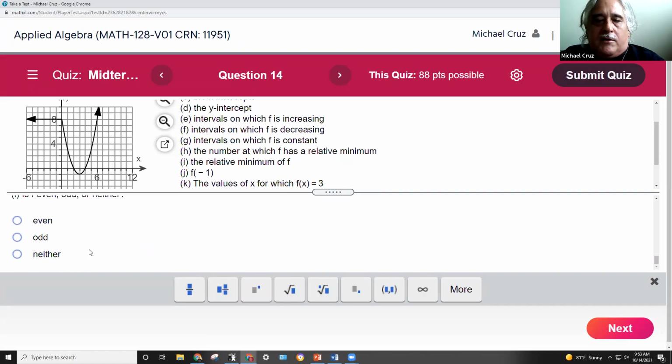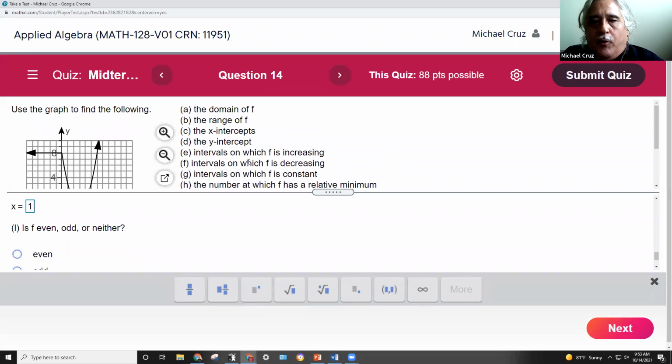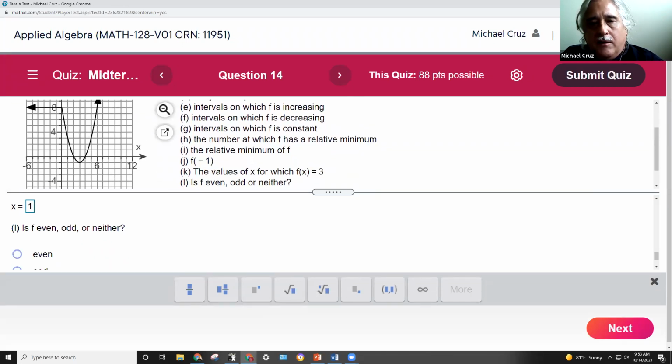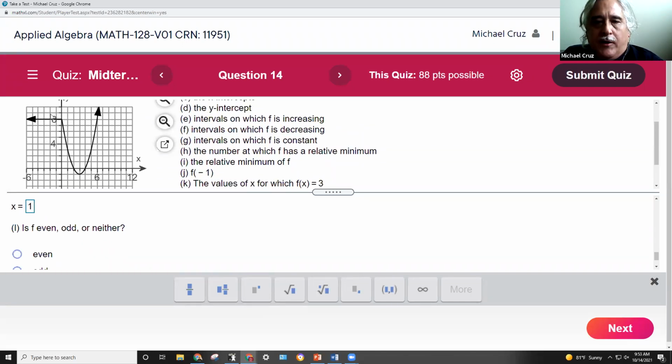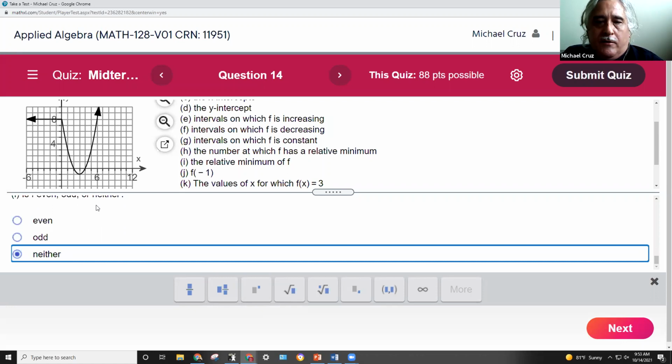Odd or even, it's neither, because the problem is it's not symmetric. If this were going on up and up and up, we would say it's an even function. And if it were flipped on the other way, it would be odd, but it's a neither.